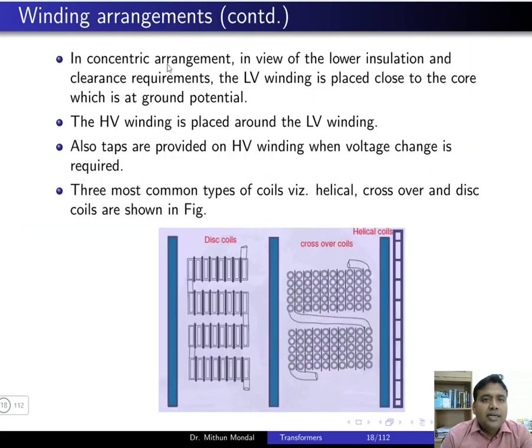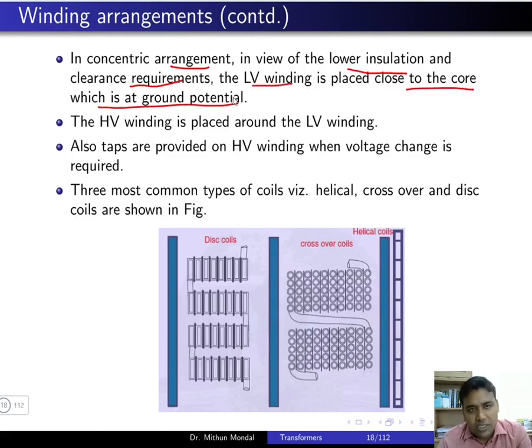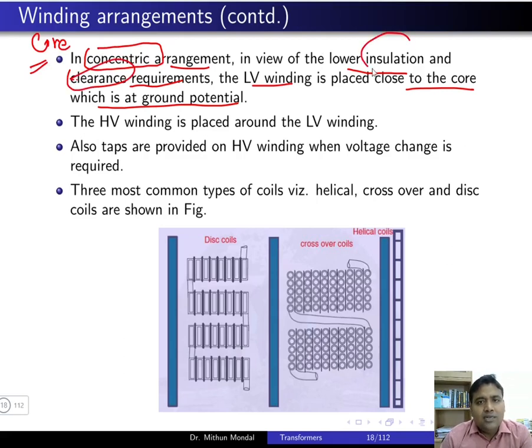In the concentric arrangement, in view of the lower insulation and clearance requirement, the low voltage winding is placed close to the core, which is at ground potential. So the concentric arrangement goes with the core type of transformer, and the clearance and insulation requirements are less.